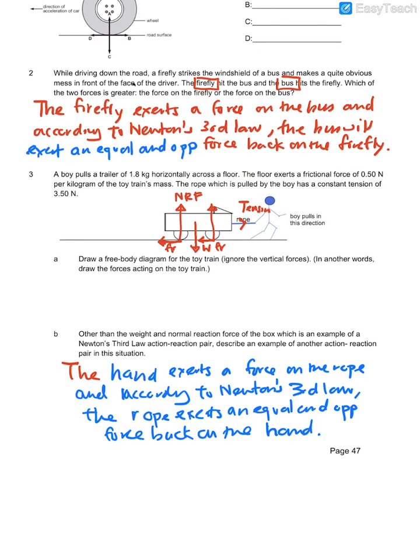So that means if the hand is pulling with 100 newtons, that means the rope pulls back on the hand with 100 newtons. Is that how you get tension?